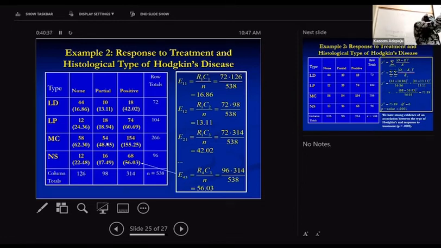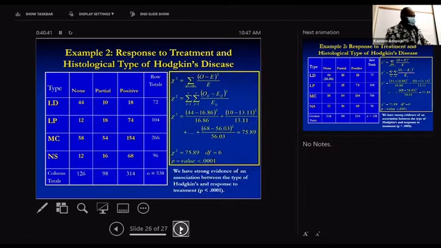Now, after getting the observed and the expected, then you can go to chi-square. You can find your chi-square. The chi-square is basically going to be the observed minus expected, squared, divided by the expected. Then you're going to add them up. Then you're going to get your chi-square. Now the chi-square calculated is 75.89.